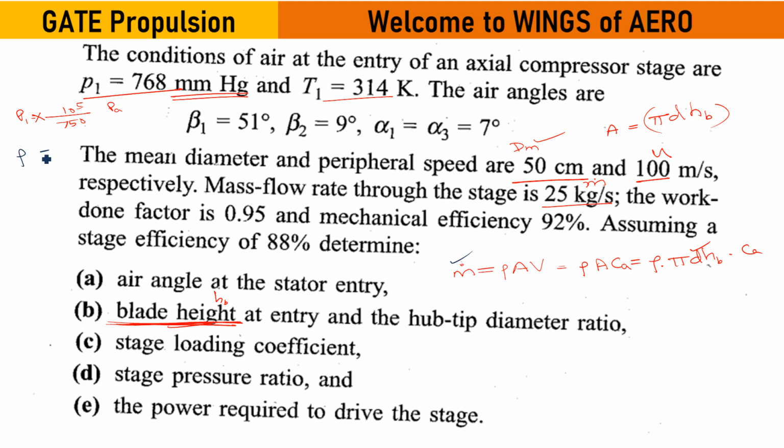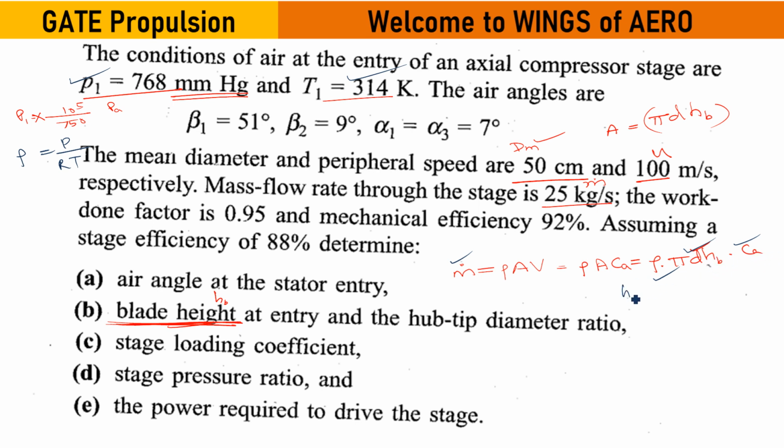How? Rho equals P by RT. P is given, T is given. R we know is constant, 287. We can find rho as well. So m dot is known, rho is known, d is known, CA we can find out from that equation.